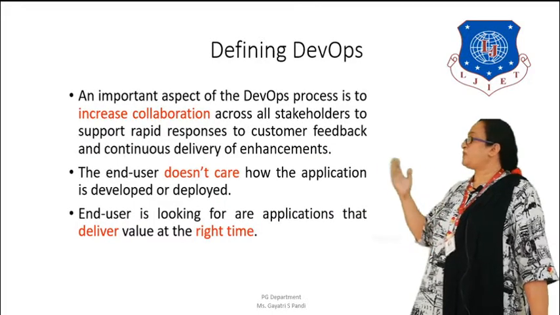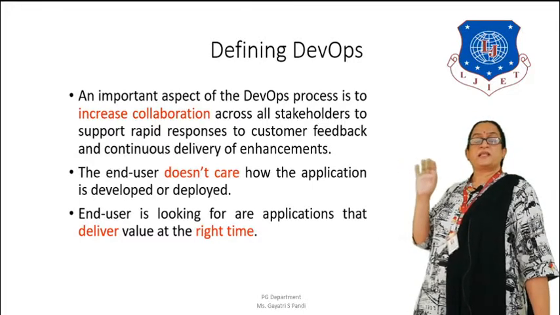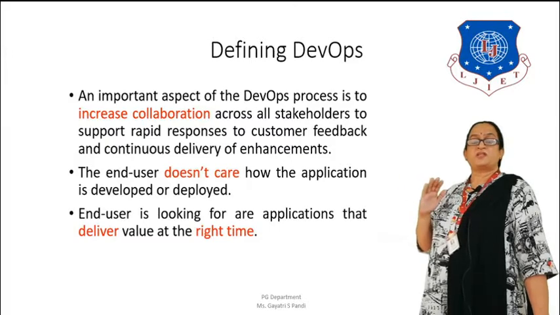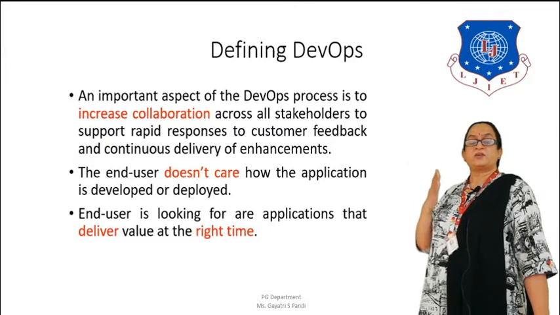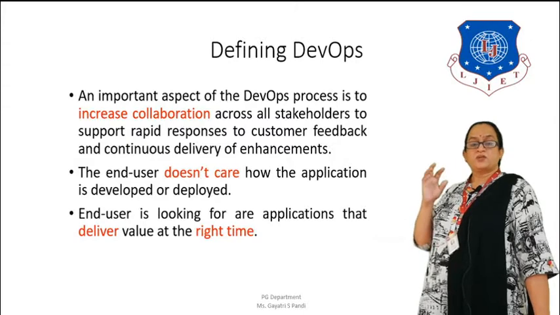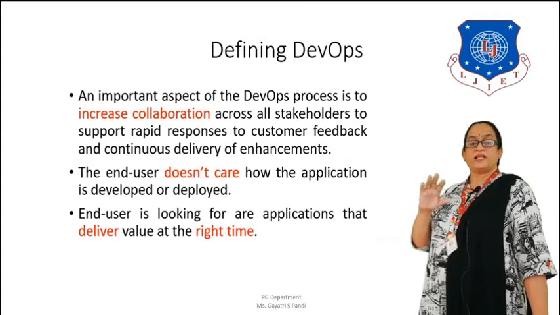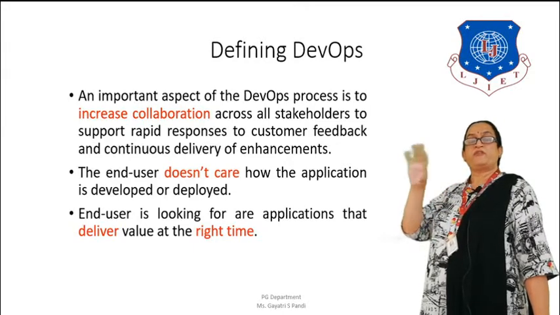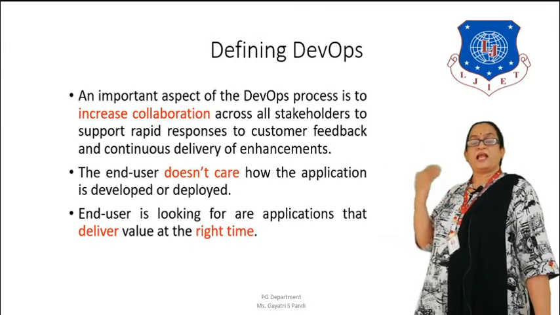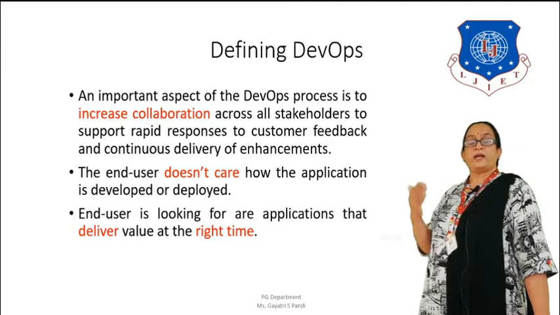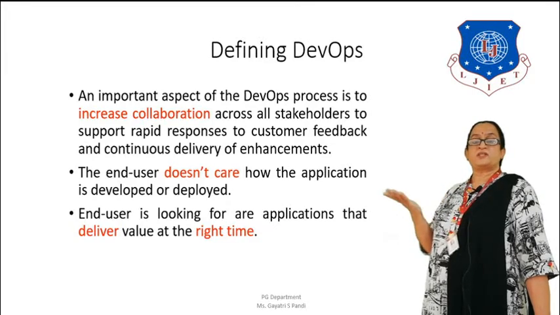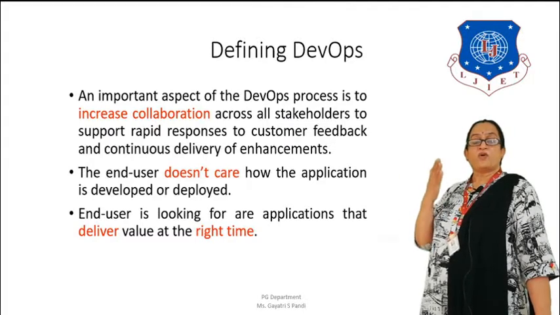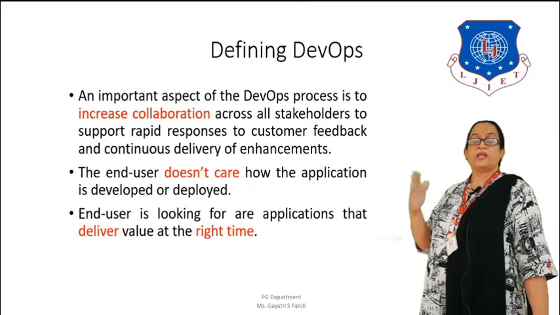So an important aspect of the DevOps process is to increase the collaboration across all the stakeholders to support rapid responses to customer feedback and continuous delivery of enhancements. So the basic objective of the DevOps process is to increase the collaboration among the different stakeholders, and this will help provide appropriate support for rapid responses to the customer, and they can provide their feedback very fast, and of course it will help in continuous delivery of enhancements.